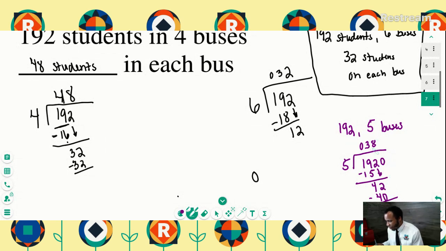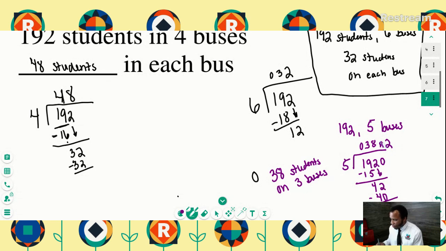So what this means, we have 38 with a remainder of 2. So that means 2 students will have to get on one of the 5 buses. So for our answer, we'll have 38 students on how many buses? 38 students on 3 buses.